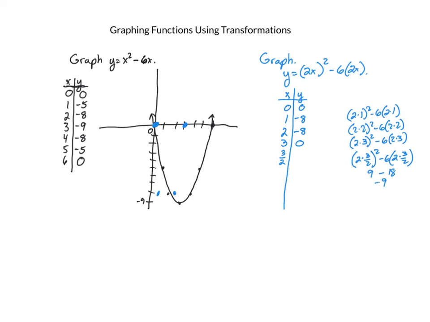So at 3/2, we're at negative 9. Let me put that on my graph. 3/2 is at 1.5 right here, and we're down at negative 9. Do you see that the graph seems to look like this? Let me sketch it.